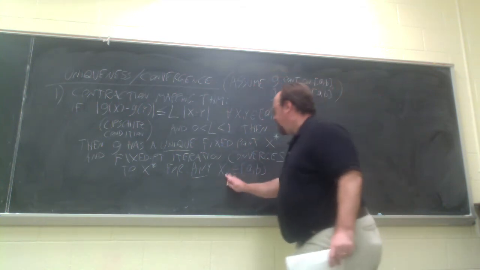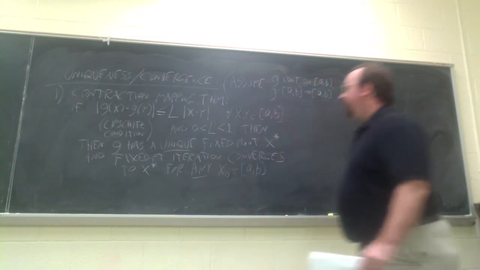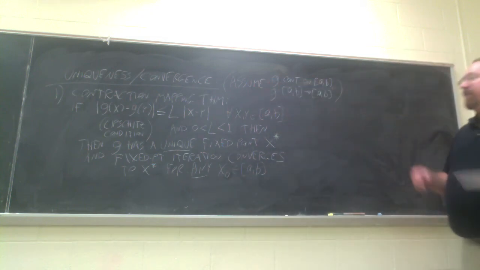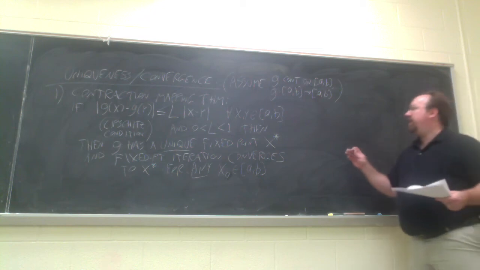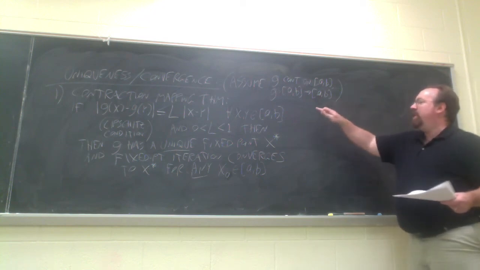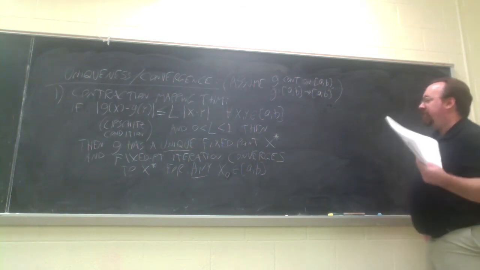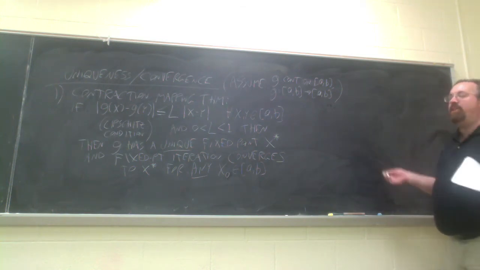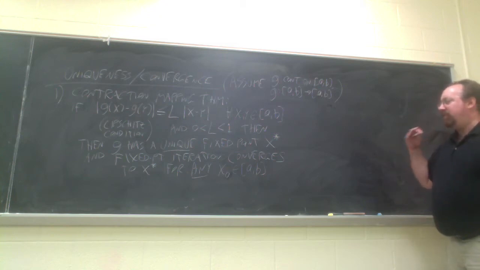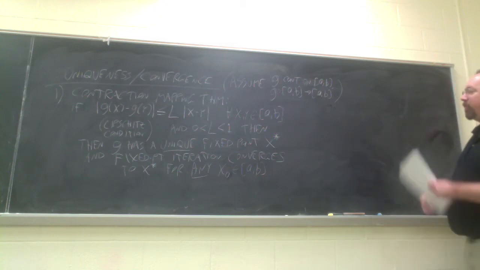That's sufficient, it's not necessary. So we have an interval that works in terms of ensuring the existence of a fixed point. If it's Lipschitz continuous with this Lipschitz constant less than 1, then we just go ahead and try fixed point iteration, choose our initial guess however we like in the interval, and it'll converge to the one and only fixed point.